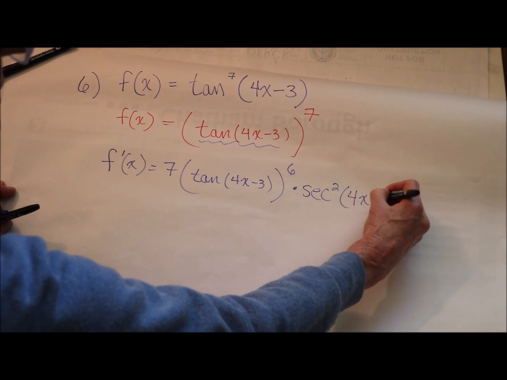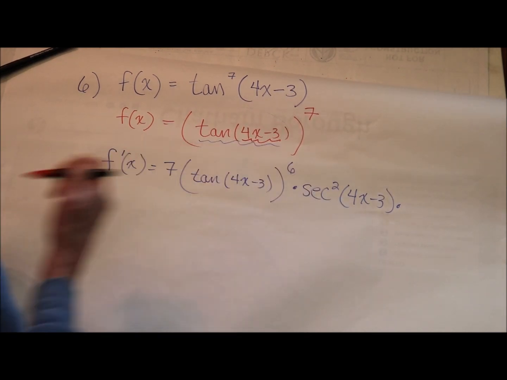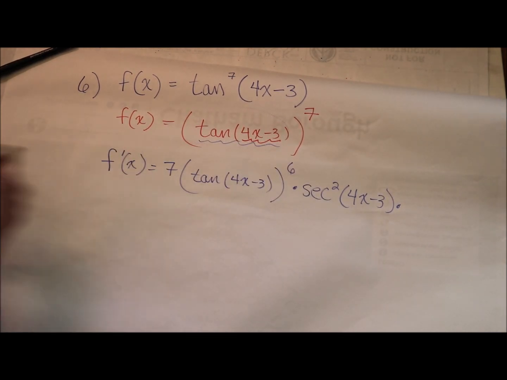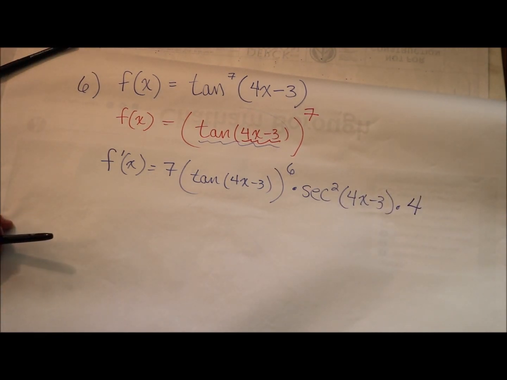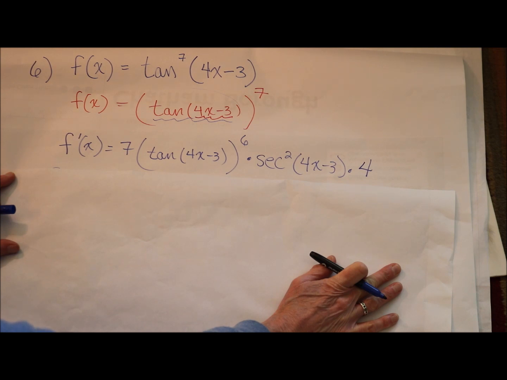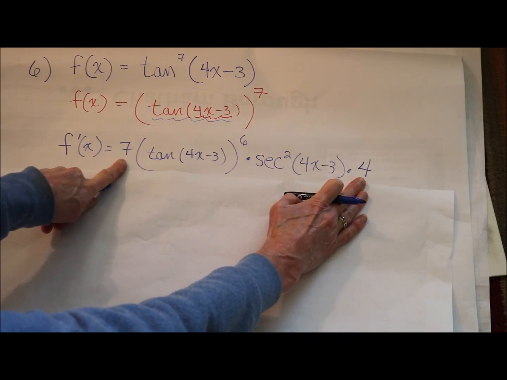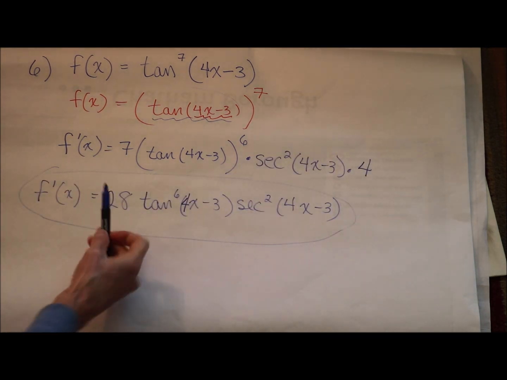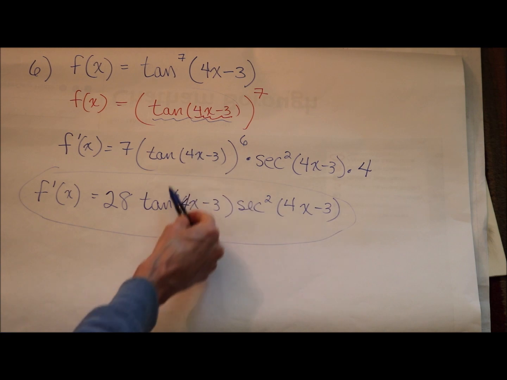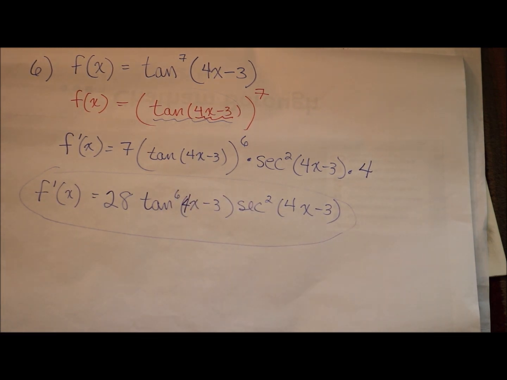But hold the phone, I've got an inside of my inside. So the chain rule has another chain. It's going to be times 4. Holy cow. The good thing about this is I only have one term, so there's not much to do to simplify. I'm just going to multiply together those two constants, 4 times 7, and get 28. And then you can, if you want, just rewrite the exponent where it often lives. And there you have your derivative.